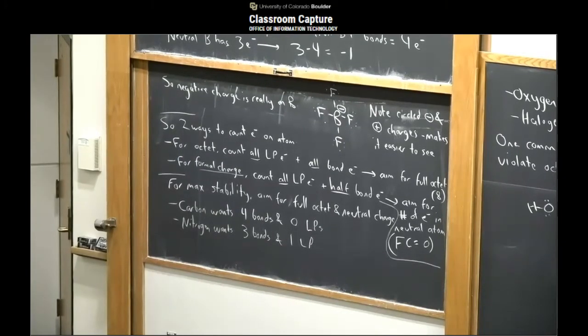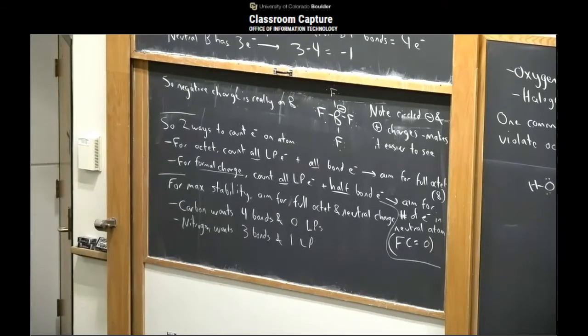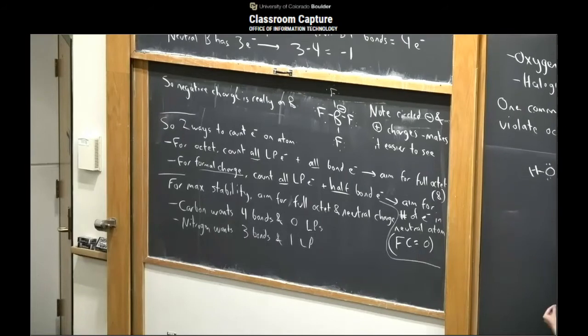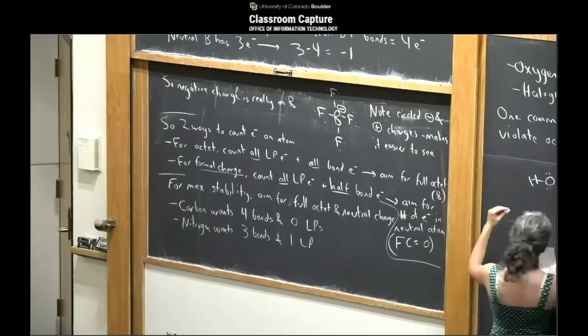So just to sum up the rules for how to draw Lewis dot structures, I guess we didn't really talk about how to figure out the connectivity, like how to put atoms together. I'll include that in this list though.